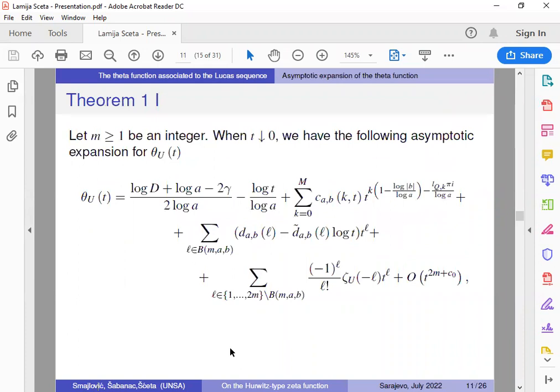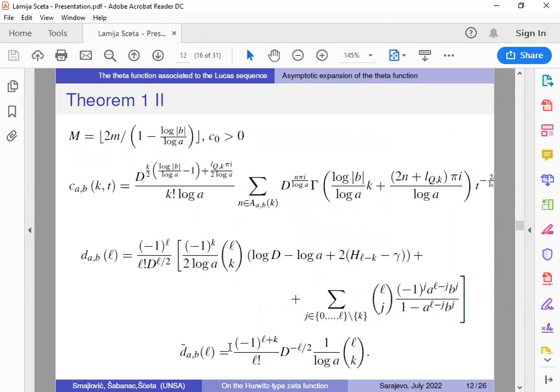And our first theorem gives us an asymptotic expansion of the theta function when t tends to 0. The values m, c sub a,b, and d sub a,b are given on the next slide.